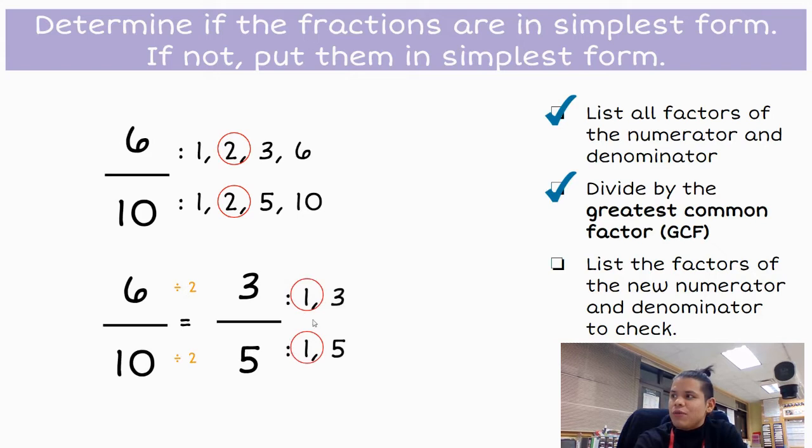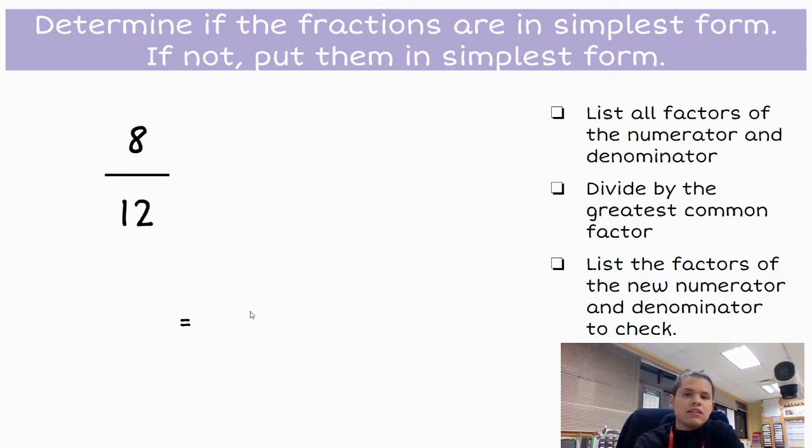And it looks good. Remember, whenever we have a common factor of 1, that's how we know this fraction is in simplest form. So 6/10 divided by 2 equals 3/5. Let's take a look at one more example, and then I'll let you try the last one on your own.